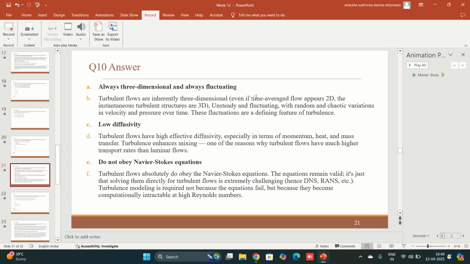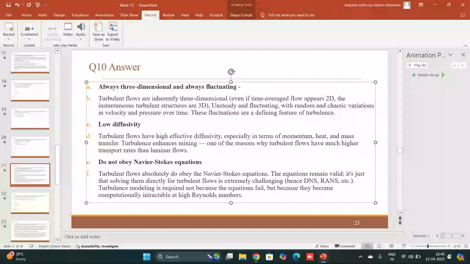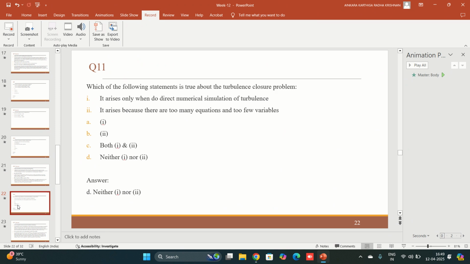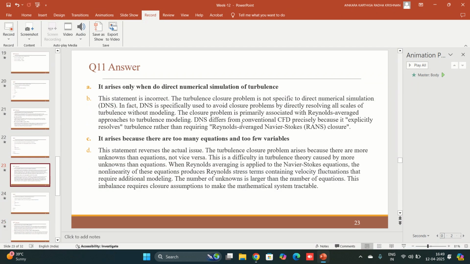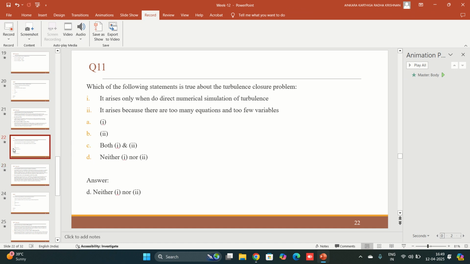We can give it as false. And lastly, we have seen turbulence closure problems, and both of the statements were found to be false.